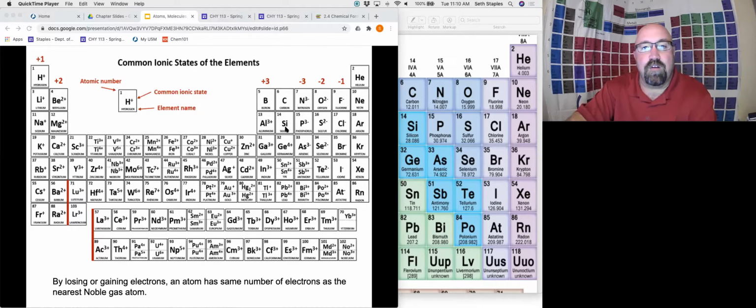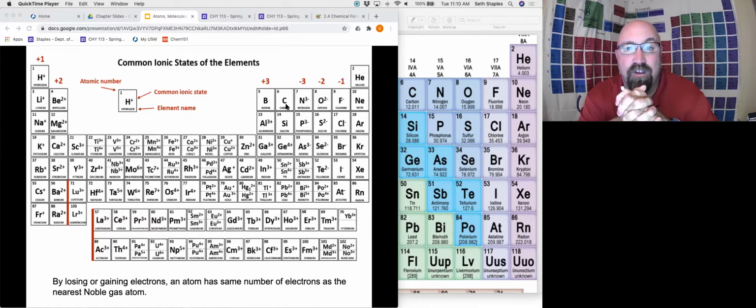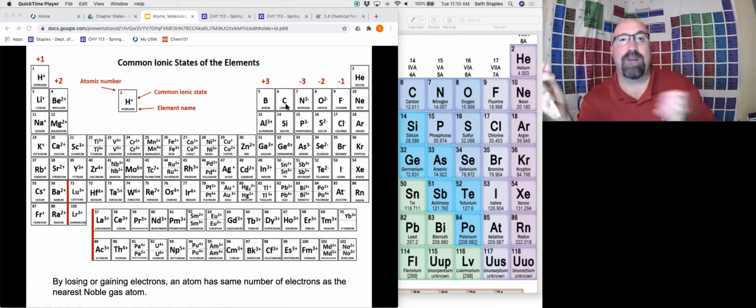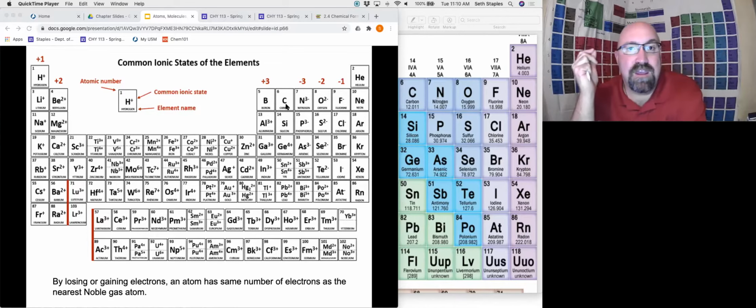This column here, with carbon and silicon and so forth, is where things start to get a little bit funky. The closest noble gas to carbon is either neon or helium. So carbon could either lose 4 and form a +4 charge, or gain 4 and form a -4 charge. Neither of those things are really easy for carbon to do.